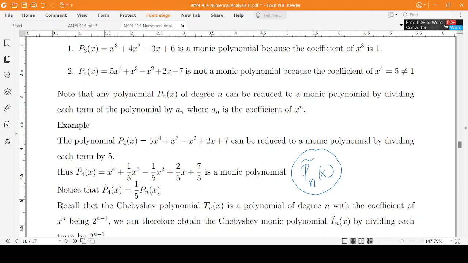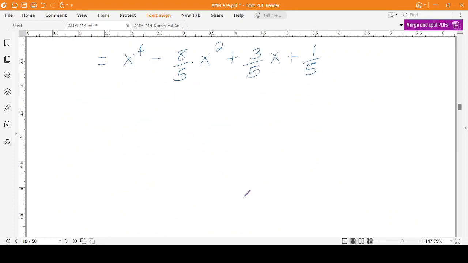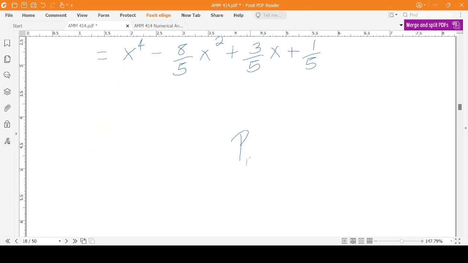So we write, given any polynomial Pn of x, then we have a monic polynomial.